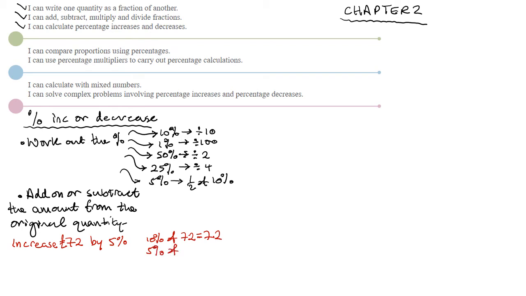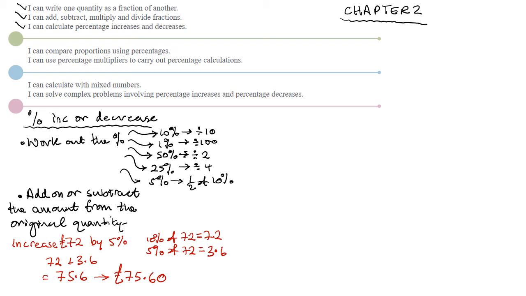So half of 7.2, which is 3.6. So if I'm increasing it by 5%, I want to do 72 and add 3.6, and then I get 75.6, and because this is pounds and pence, it would be £75.60. And if that was a 5% decrease instead, I will just take off 3.6 from 72 instead. So that's if you haven't got a calculator.